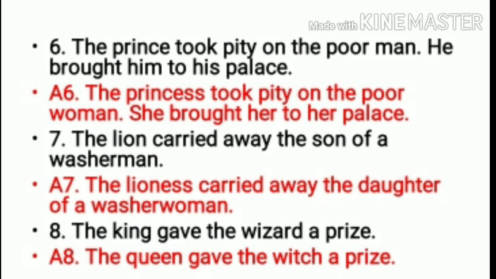Seventh, the lion carried away the son of a washerman. Your answer 7: the lioness carried away the daughter of a washerwoman. Eighth: the king gave the wizard a prize. Your answer 8 will be, the queen gave the witch a prize.